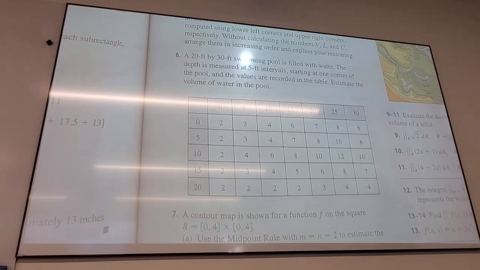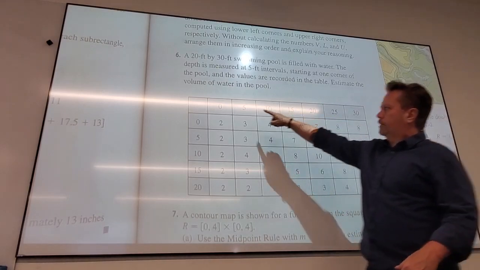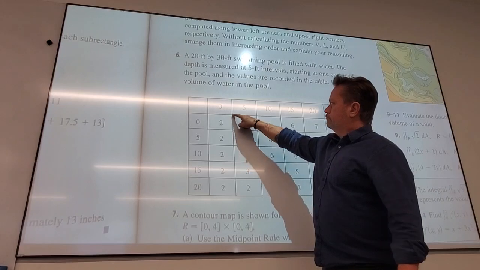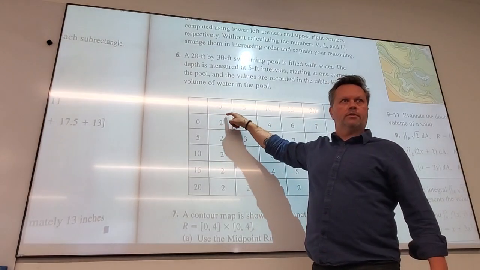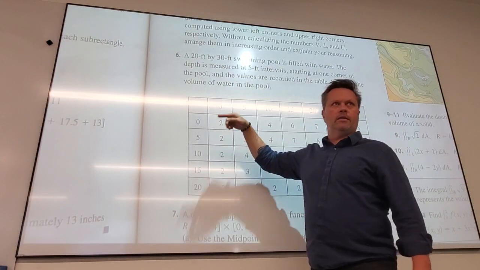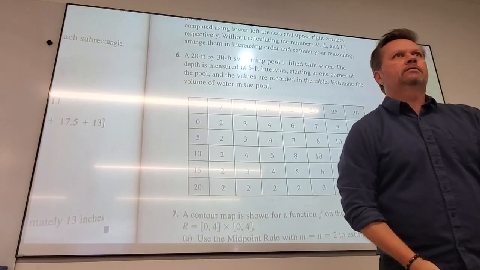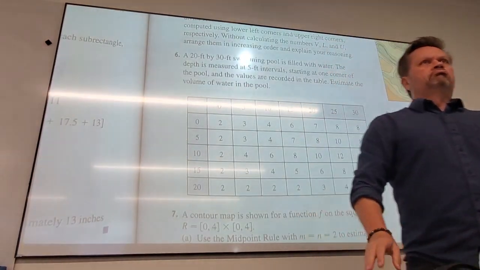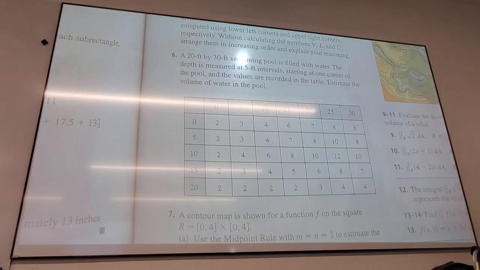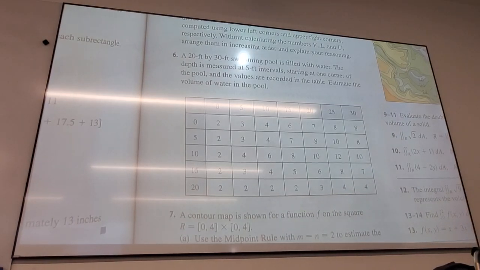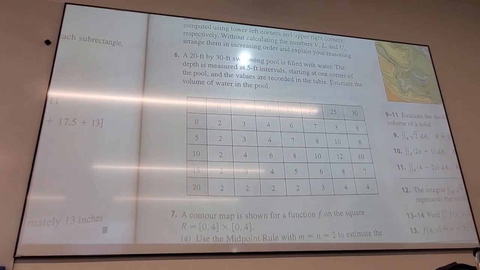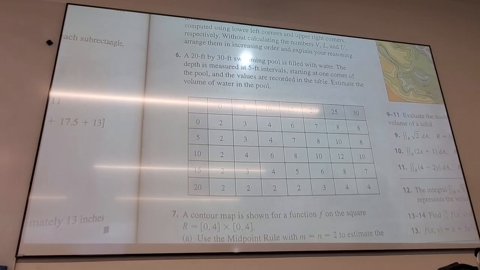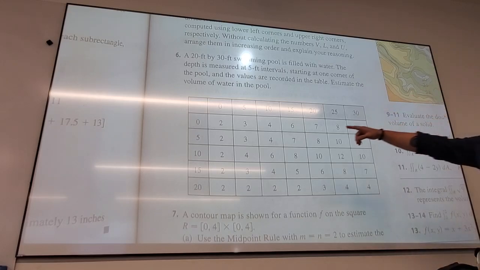So the idea is these are like the little regions in our XY plane, and the number inside is what? The depth, yes? You guys with me? So can't you get the volume of the rectangular solid that this represents?